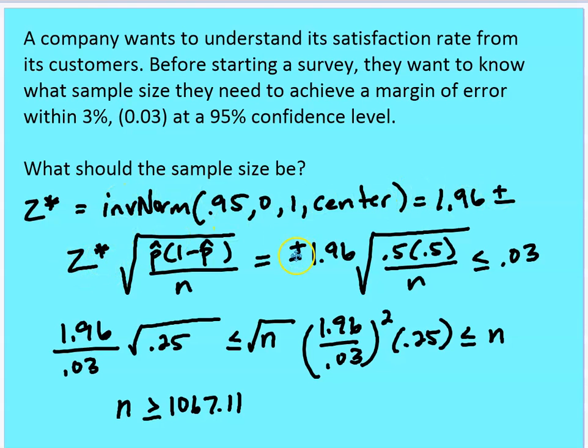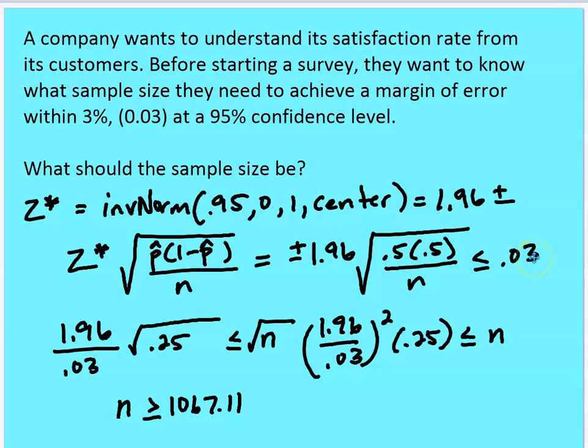So z is plus or minus 1.96 times the square root of p, which is 0.5, times 0.5 over n. Now we have to solve for n, and the margin of error is going to be less than or equal to 3%, so from 0 to 3% is what we're looking for.